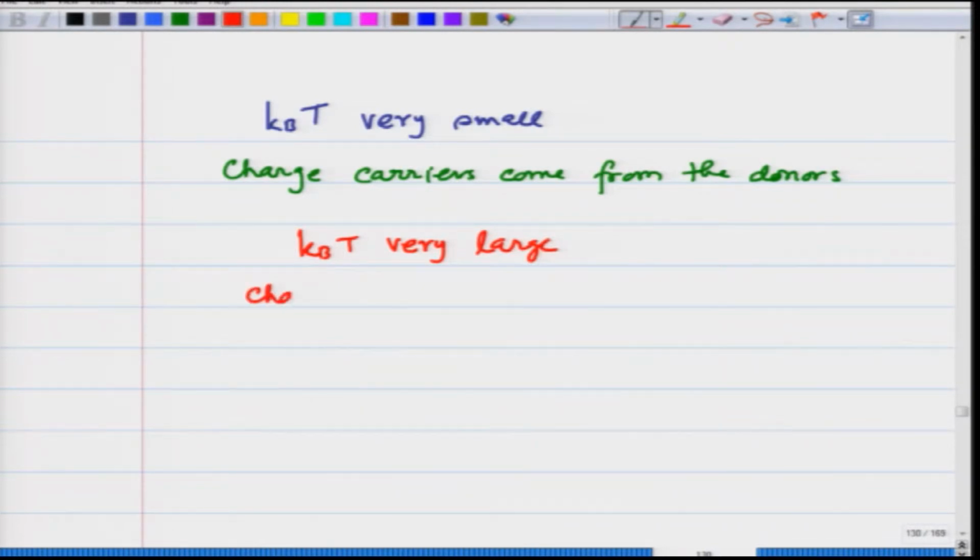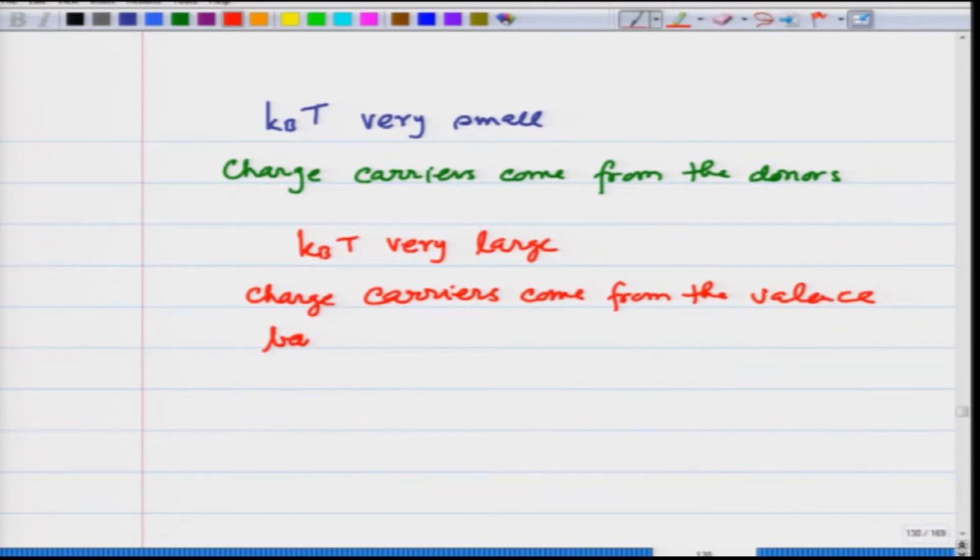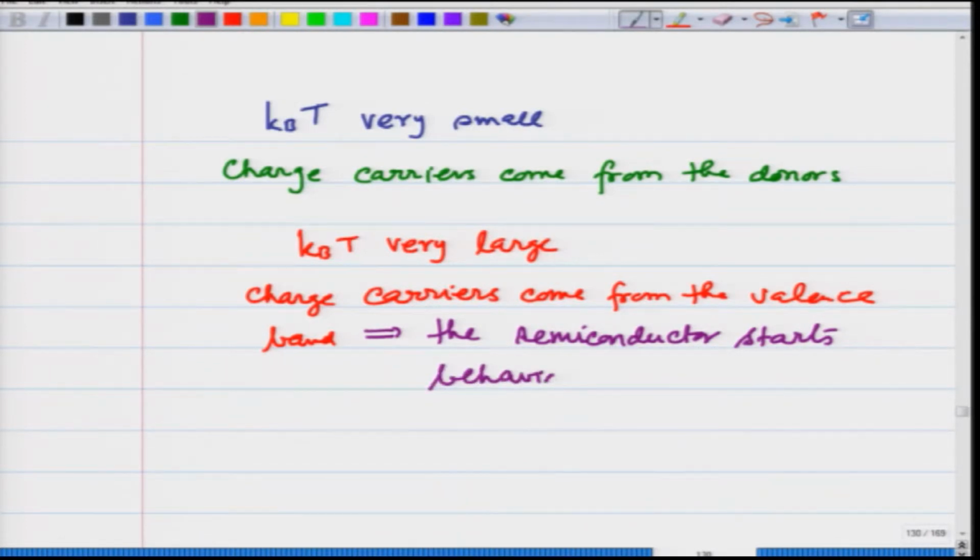In that case, charge carriers come from the valence band, and therefore, the semiconductor starts behaving like an intrinsic semiconductor. So, let us see how the behavior changes roughly with respect to the temperature.